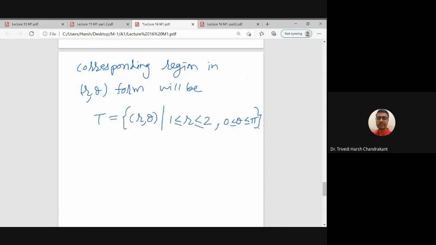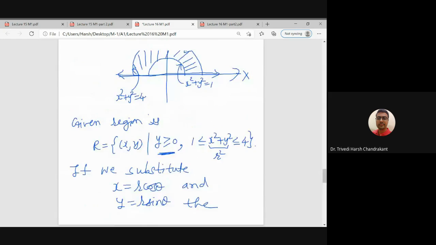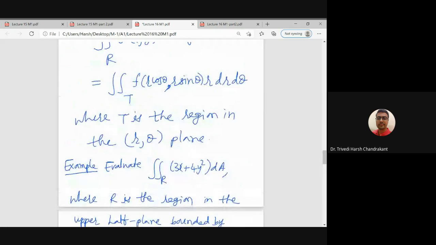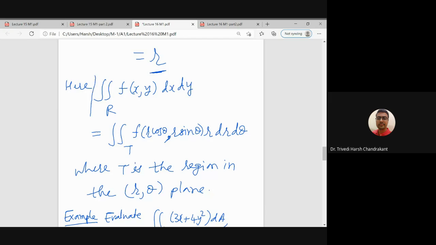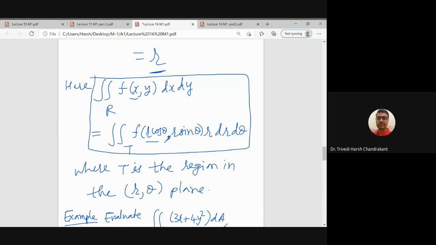So now we will use the formula of the integral. In the function we substitute x equals r cos theta, y equals r sin theta, and instead of dx dy we substitute r dr d theta.